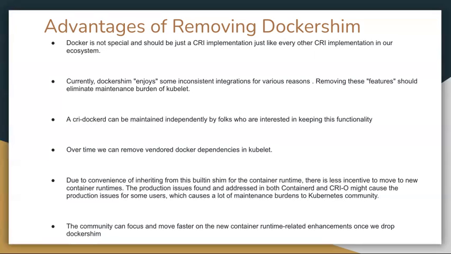If you are facing a bug while Kubernetes is running your Docker container, you will be reaching out to the Kubernetes community, and they were employing workarounds to make it work, right? So this was an overhead for them.